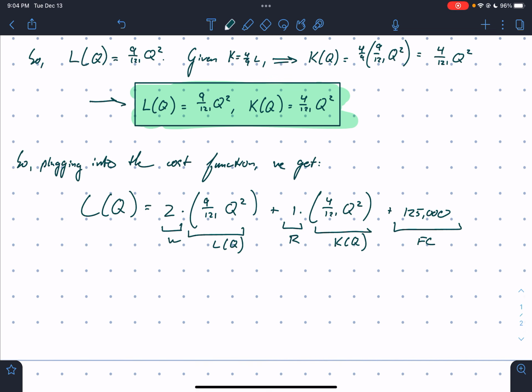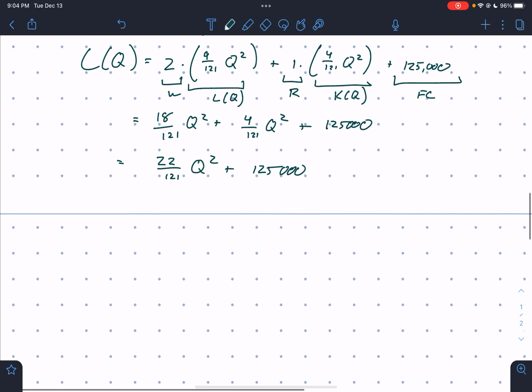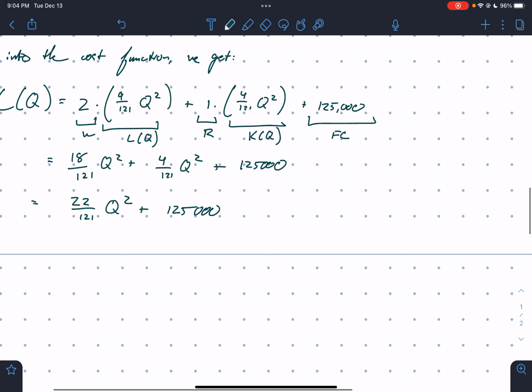Okay, so all we do here, this is 18 over 121 Q squared plus 4 over 121 Q squared plus 125,000. This simplifies to 22 over 121 Q squared plus 125,000. Now, this may look like an odd number right here, but it actually simplifies in a nice way.